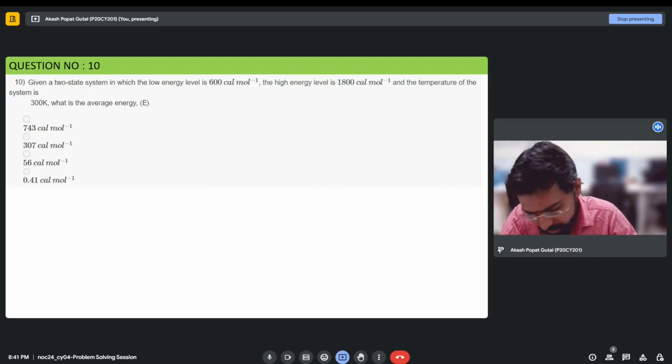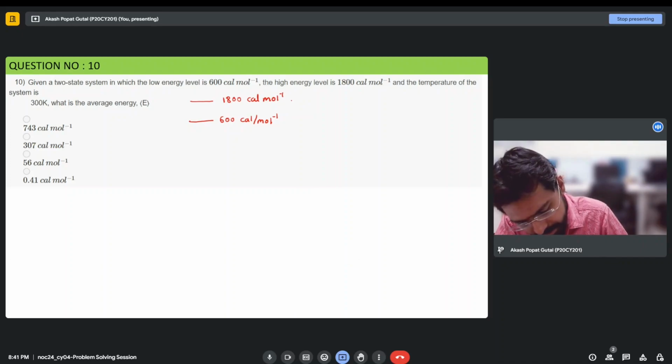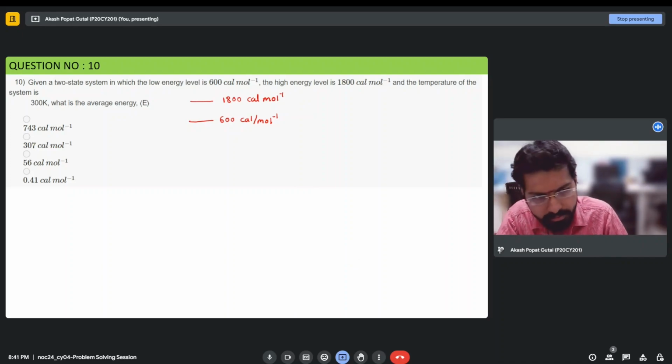So in this question, the two-state system is given, with the low energy level at 600 calorie per mole and the higher energy level at 1800 calorie per mole. For simplicity, we can convert them into joule per mole.